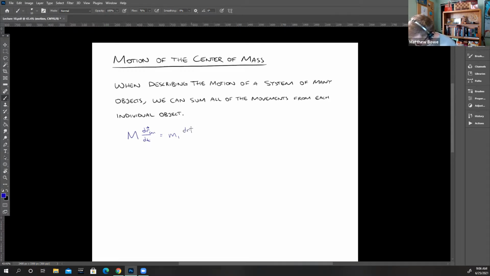How does its position vector change over time? That first one, how does that second one react over the same amount of time, and so forth. On and on and on. This means that I can describe the motion of all of these position vectors just by adding them up one at a time.